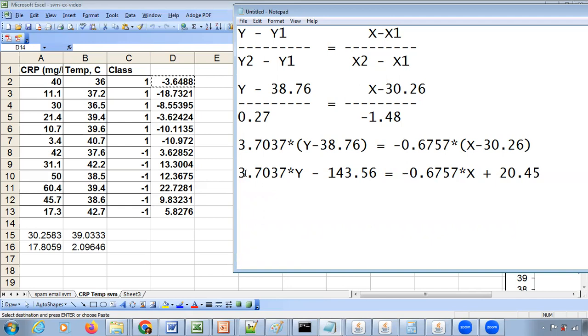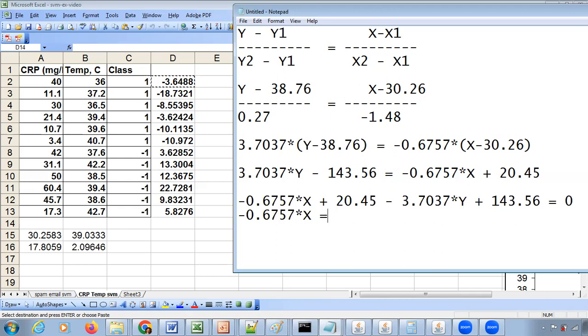So if you bring these to the other side, we get negative 0.6757 times x plus 20.45, then minus 3.7037 times y plus 143.56. So that's equal to still 0. So minus 0.6757 times x minus 3.7037 times y plus 164.01 is still an equation for w prime times x.